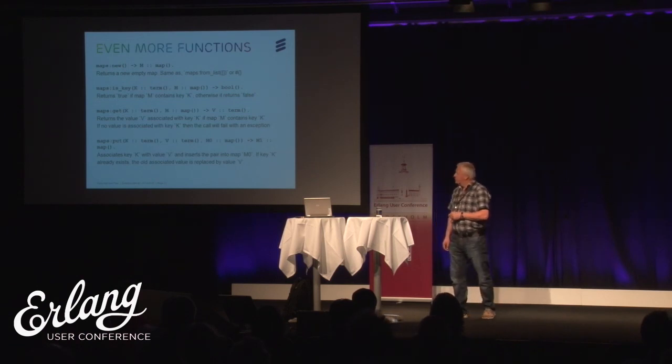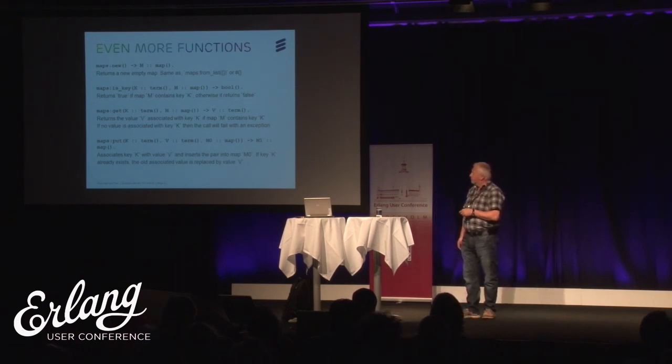You have more functions here. You can create the map. You can test if a certain key exists in a map. You can get a key. And you can put a key.